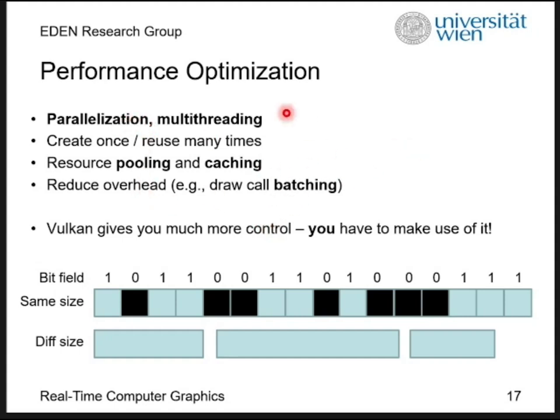So let's have a couple of more things that we need. So I already said parallelization, multi-threading. That is really something that is key in Vulkan. Another paradigm that is really part of everything is create once, reuse many times, at least if you want to. And that refers to a peculiar property of the API.